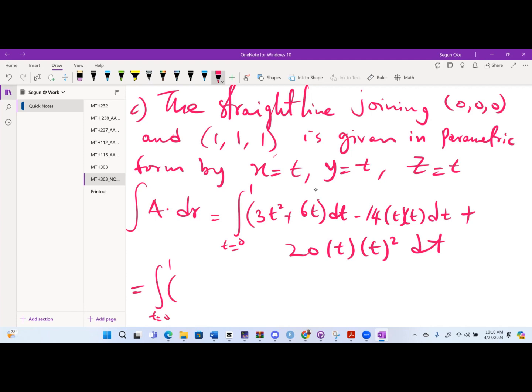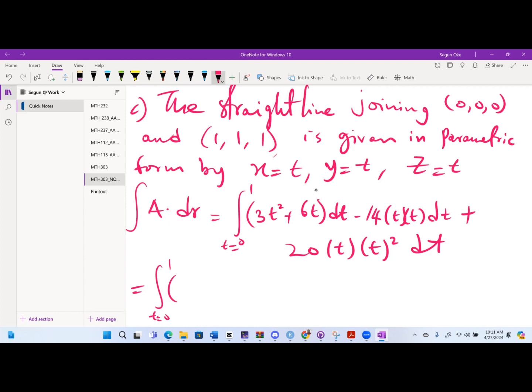So how do we write this one? Can you add this and this together? Is it possible? No, because the power in terms is different.